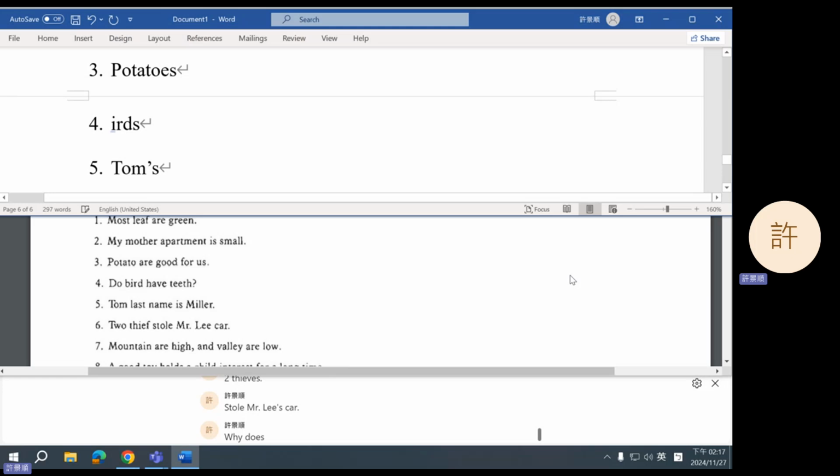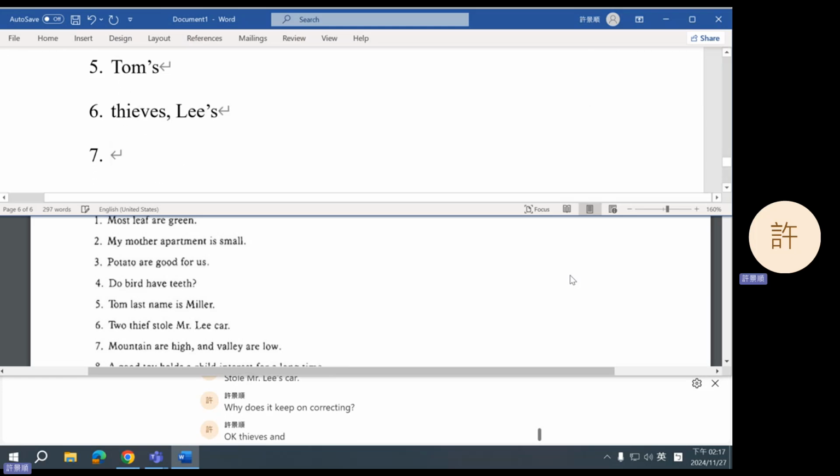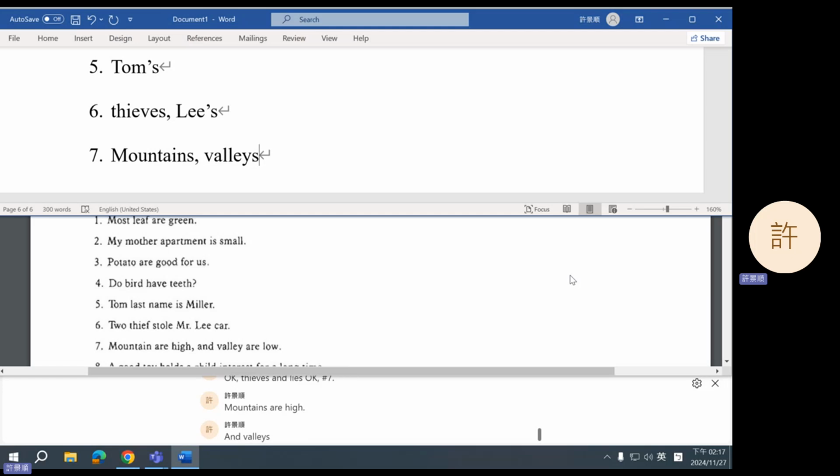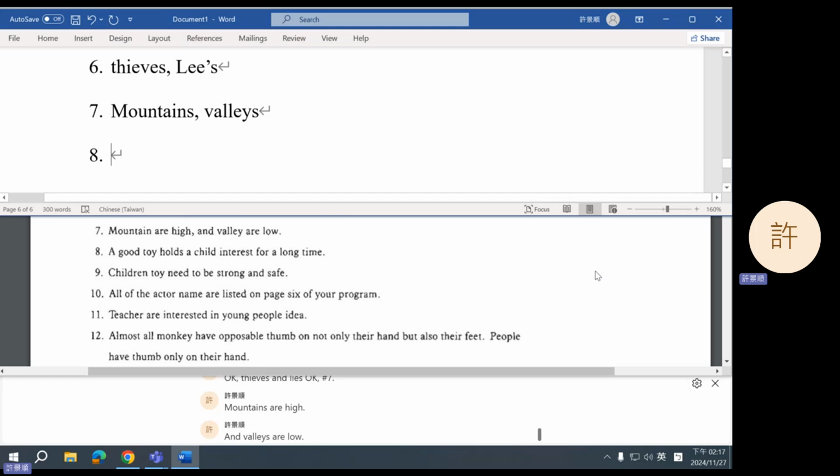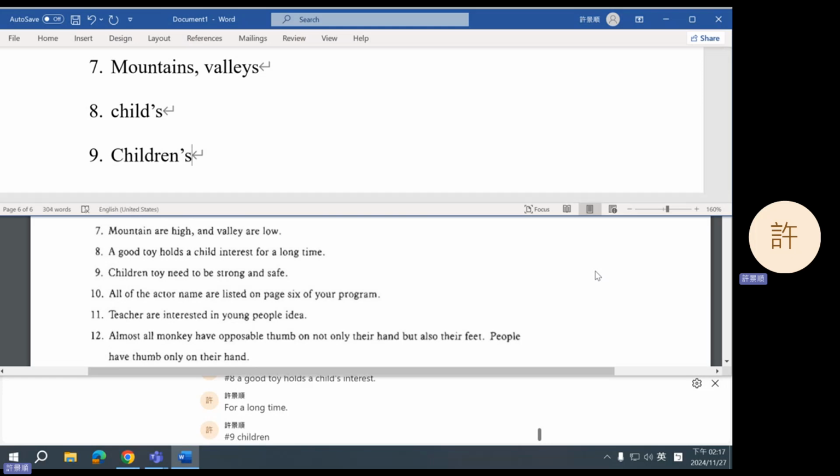Why does it keep on correcting? Okay, thieves and Lee's. Okay, number 7, mountains are high and valleys are low. Number 8, a good toy holds a child's interest for a long time. Number 9, children's toys need to be strong and safe.